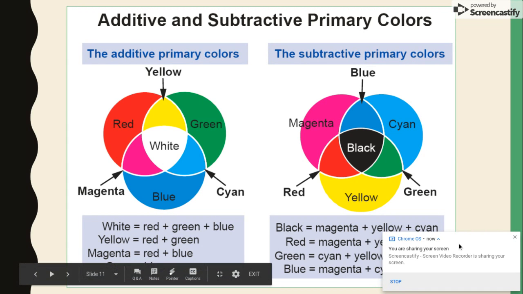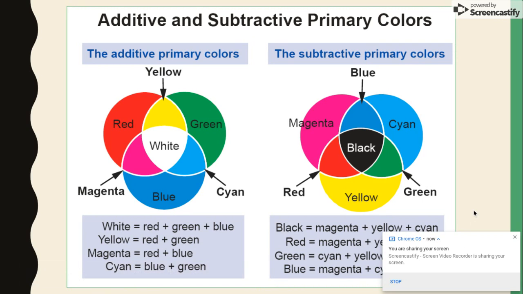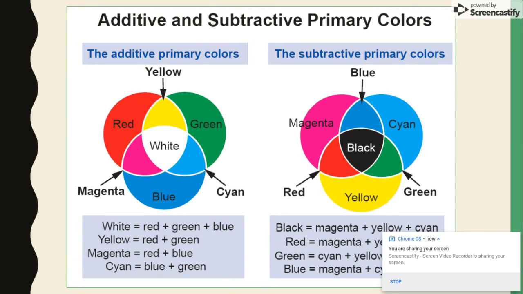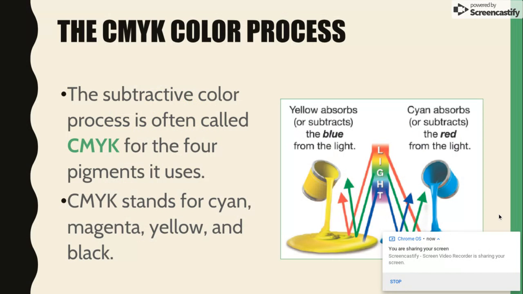Those can create a whole lot of other colors as well. So you can pause and look at this and see what colors you can create out of other colors. Red, green, and blue can create yellow, magenta, and cyan. And magenta, cyan, and yellow can create red, green, and blue. So they're kind of a reversal of each other.